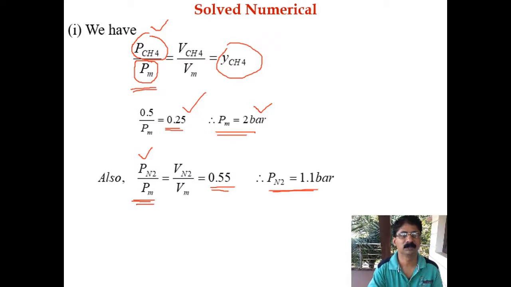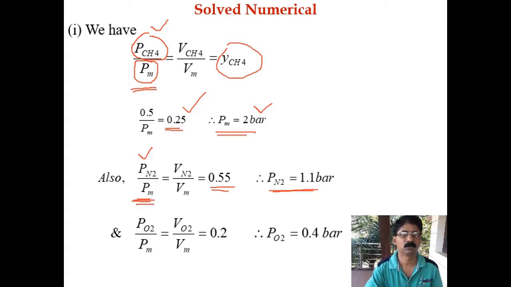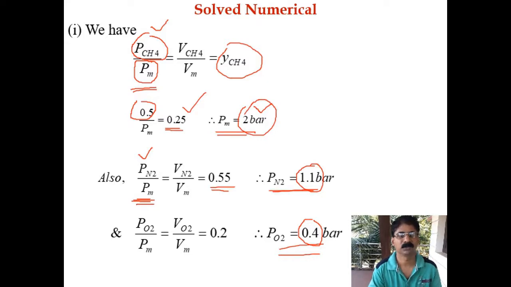Now using the mixture pressure you find the partial pressure of N2. Similarly you can find the partial pressure of O2, which will be equal to 0.4 bar. Now you can check: 0.5 plus 1.1 plus 0.4 is equal to the mixture pressure, 2 bar. You see, the mixture pressure is always equal to the sum of the partial pressures of the individual constituent gases.